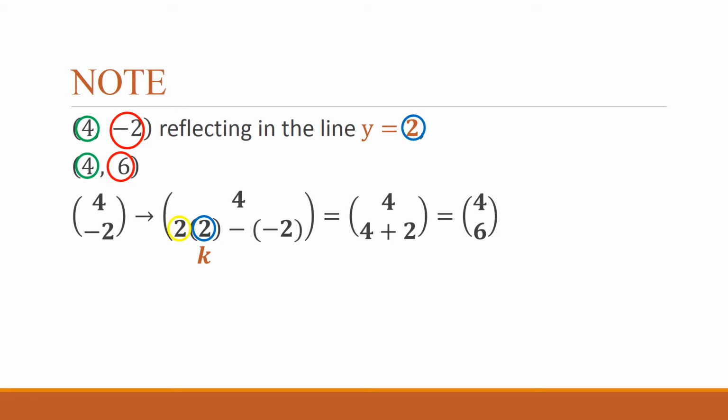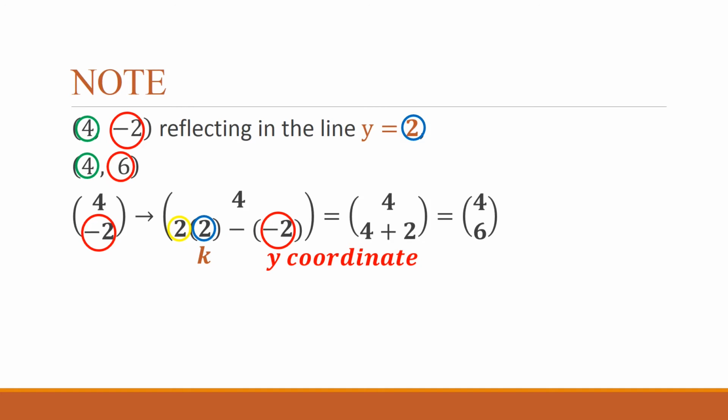It's the same as when we're dealing with reflection in the line x equals k. But this time around, our focus is on the y coordinate. In reflection in the line x equals k, the focus was on the x coordinate. Please take note of that. So what do we do? We multiply the number in the bracket, which is the constant, by 2, and then subtract the y coordinate, which is -2.